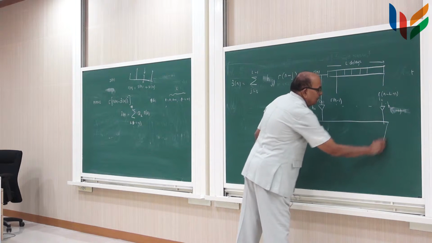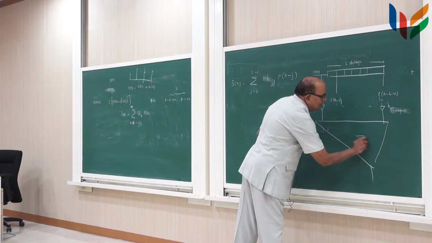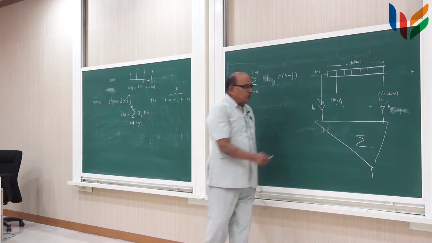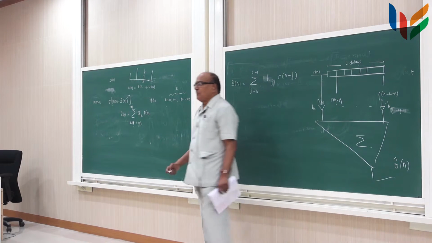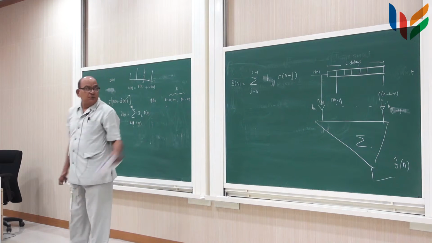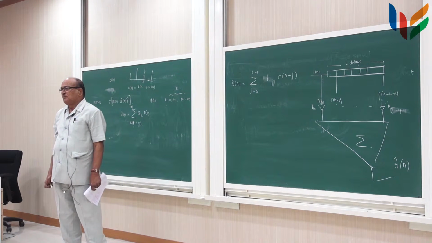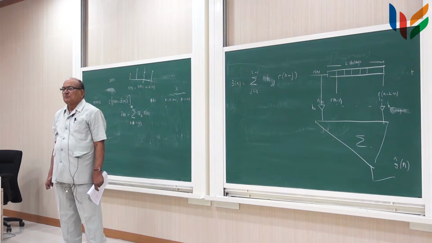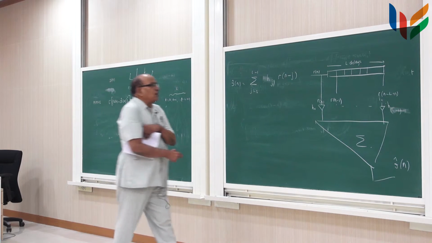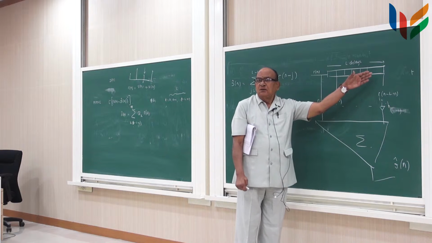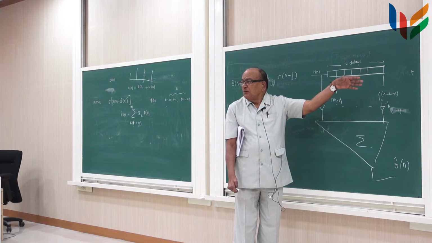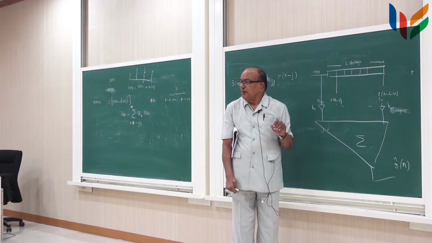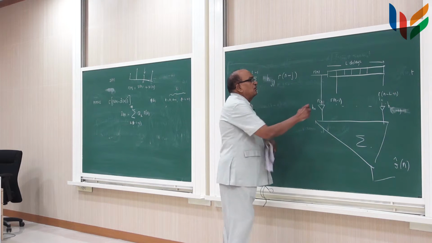All this must be added to give you my estimate, S cap n. The equation is just simply this. And these are analog delay lines having unit delays, and you tap them out, multiply with appropriate gains, and add them up. The question is, what are these?